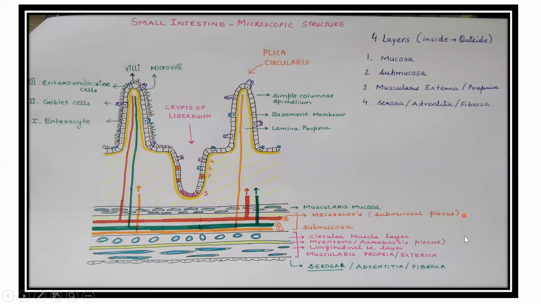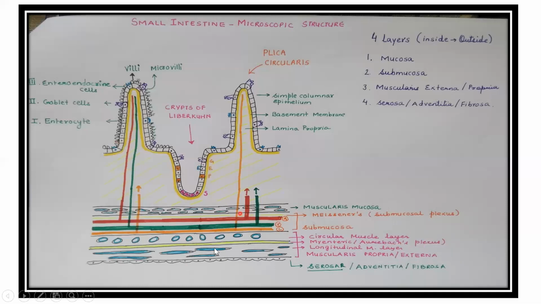So please understand there are two plexuses in the GIT. One is the submucosal, the other is the Auerbach plexus. Both of them have their importance, and maybe in the next few videos we'll be talking about them.